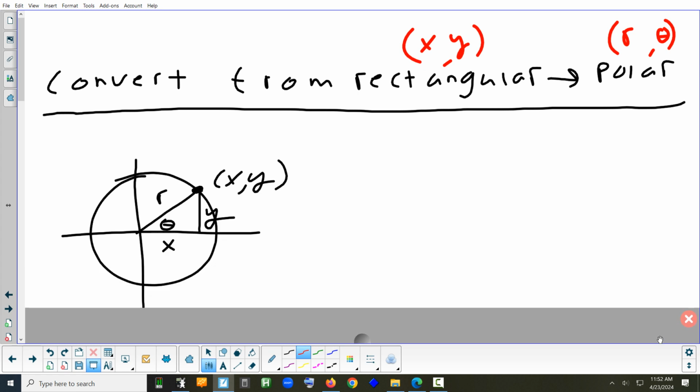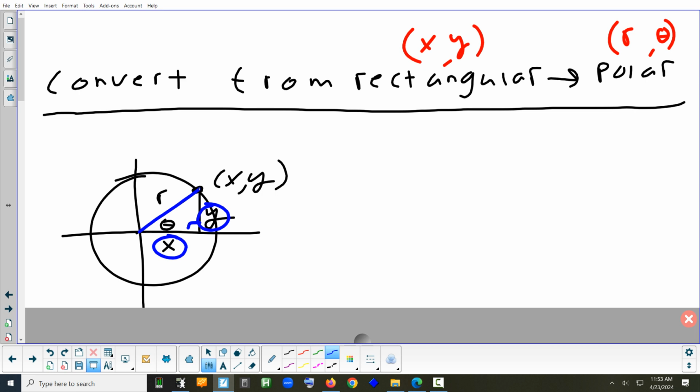So I drew a diagram. This time, the two things that you know, I'll circle. You would know the X, how far over, and you would know the Y. That's how far up. If you know X and Y, how could you figure out the distance from the origin to the edge of the circle, which is your radius?